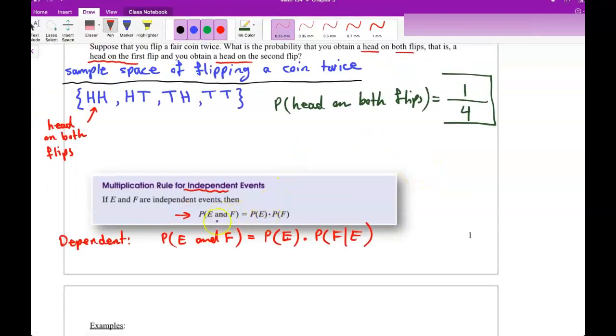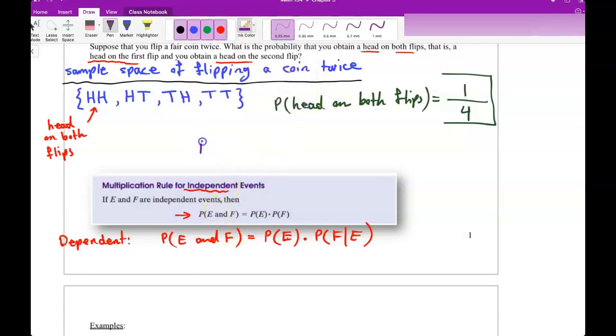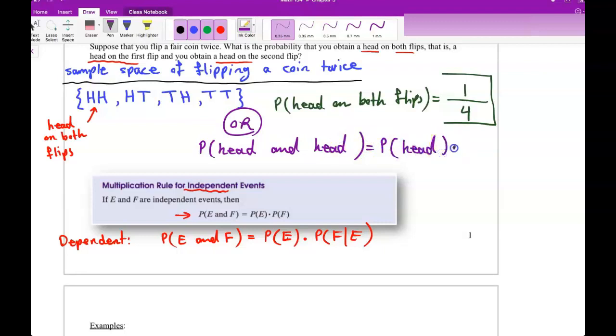Now I want to use this one here on this part. So this was using the sample space. Now I want to use this rule, so probability of having head and second try again head is equal to probability of head multiplied by probability of head.